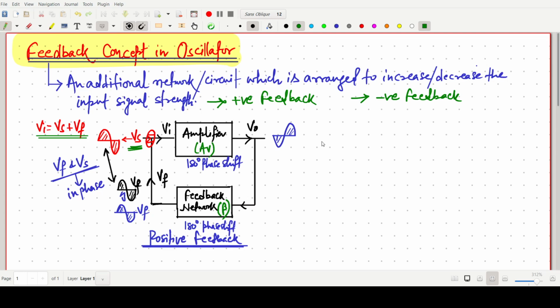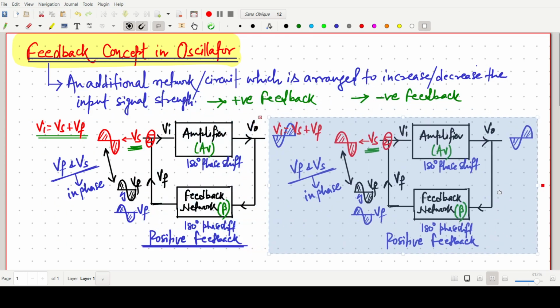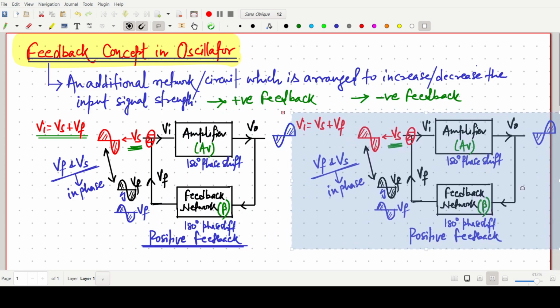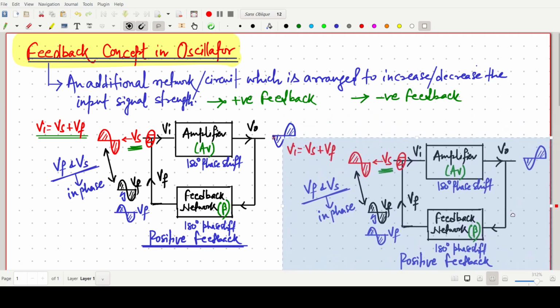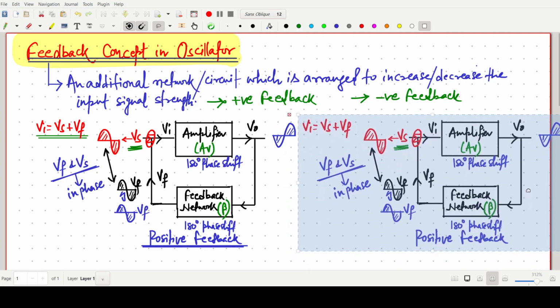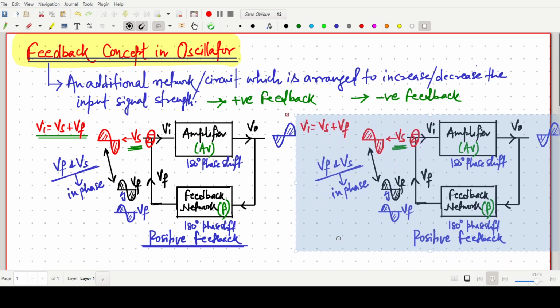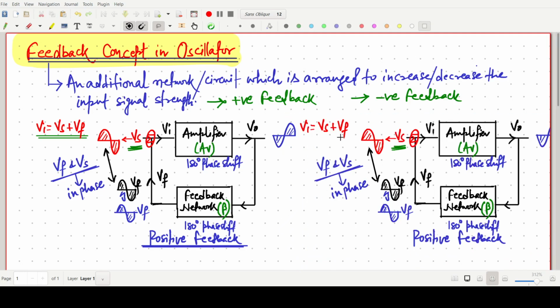But in case of negative feedback, what we have to do? In the negative feedback, I am using the same circuit.